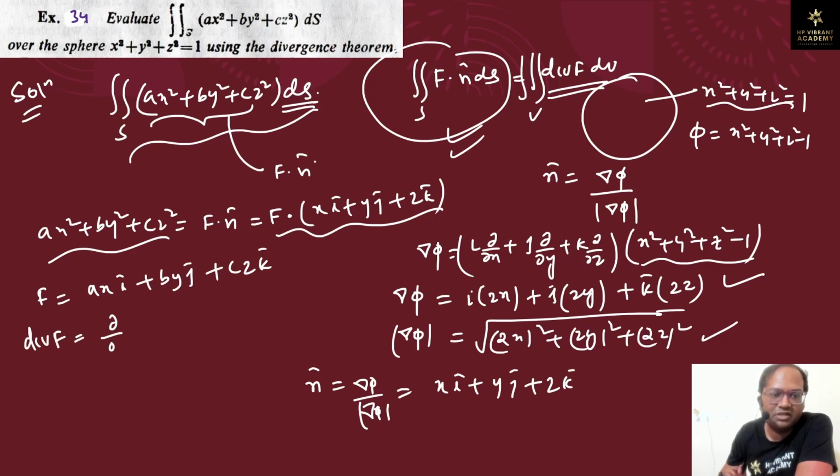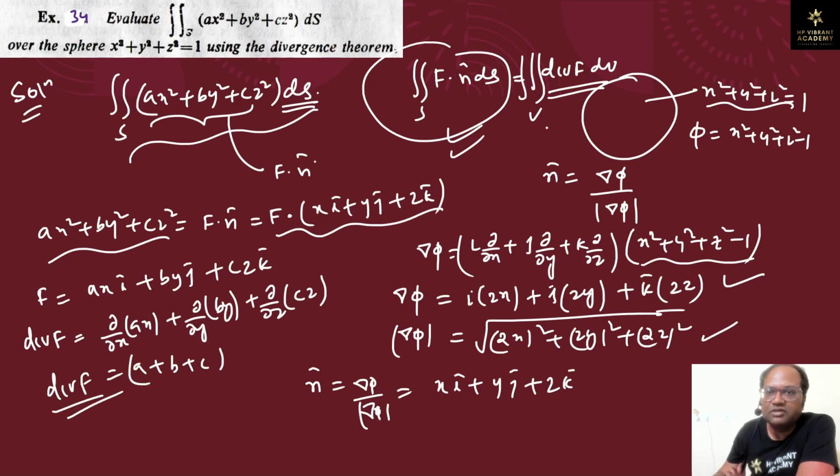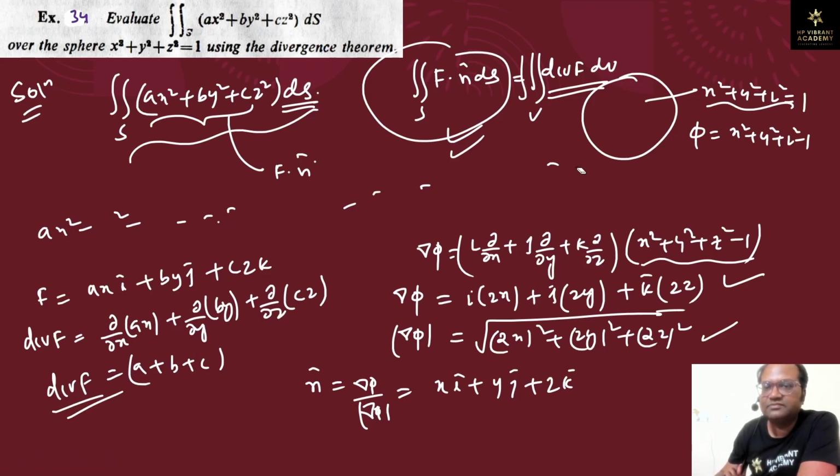Divergence of f is del upon del x of ax plus del upon del y of by plus del upon del z of cz. So this is equal to a plus b plus c. This is the divergence of f. Okay, so let us place the value here. So divergence of f is a plus b plus c. Let us further simplify this.